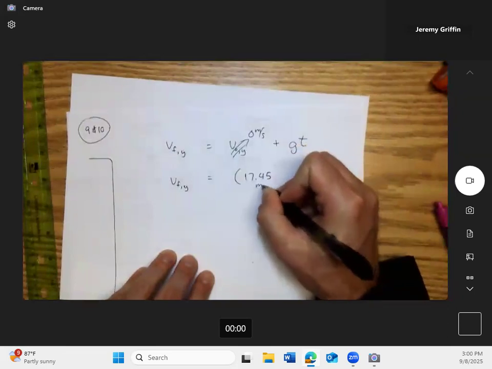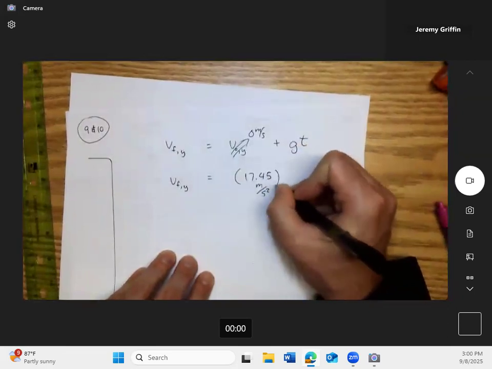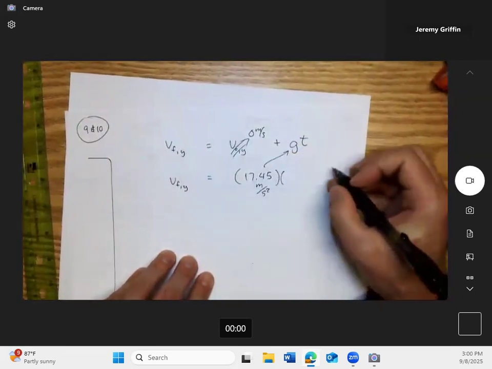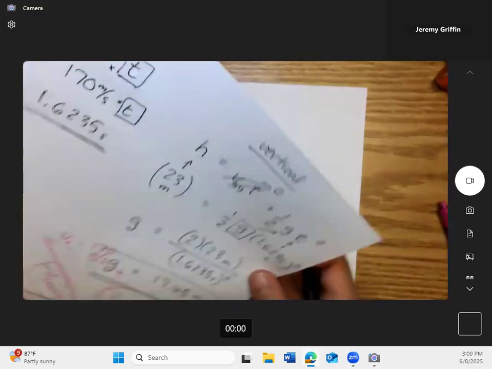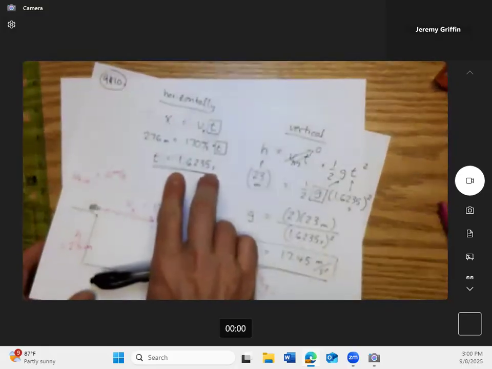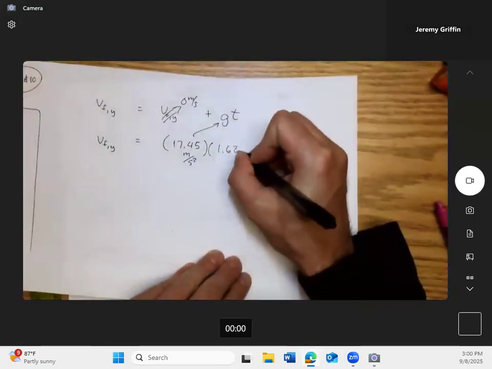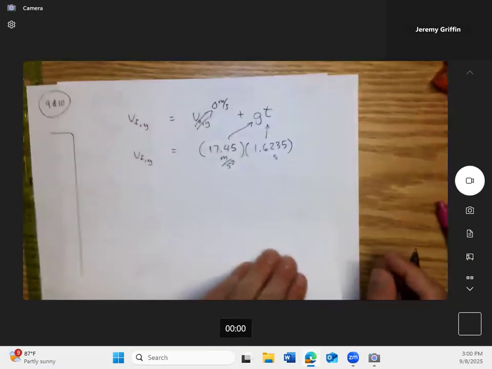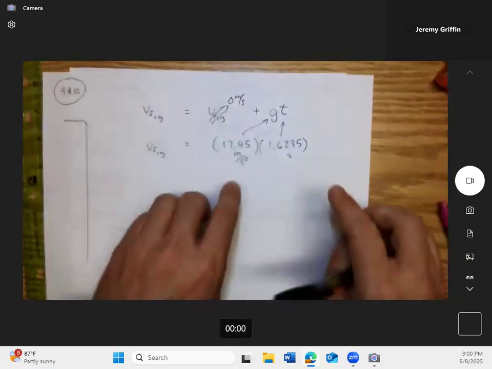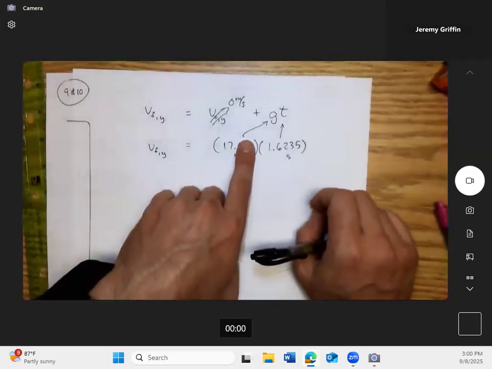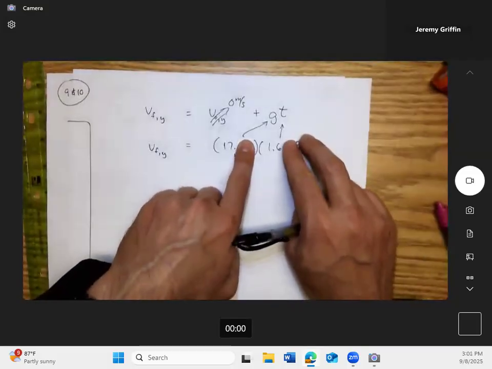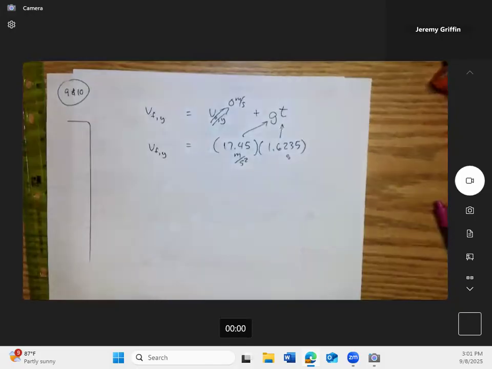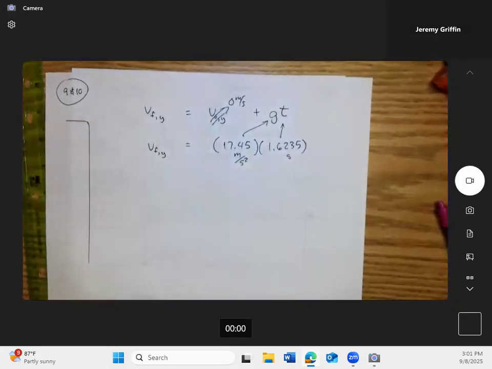Maybe save an extra digit of precision, meters per second squared. And multiply by the time of fall, which is something else we had to calculate back here. Time of fall. I'm saving a bunch of extra digits just to be safe. Right there. So if I rounded too much, if I just call this 17, I just call this like 1.6, well, the answer might not be comfortably close to one of those multiple choice answers.